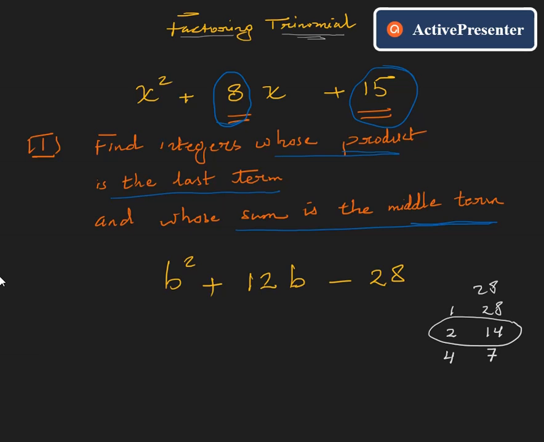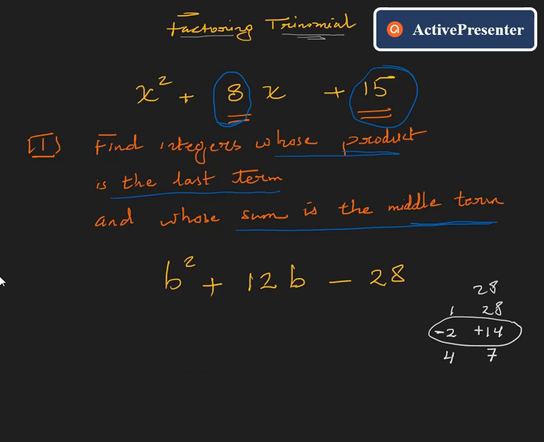However, we have to be careful of the sign. Because here it is positive 12, I would choose 14 to be positive and 2 to be negative. Because if you multiply minus 2 into positive 14 you will get minus 28, and if you add minus 2 to plus 14 you will get plus 12.